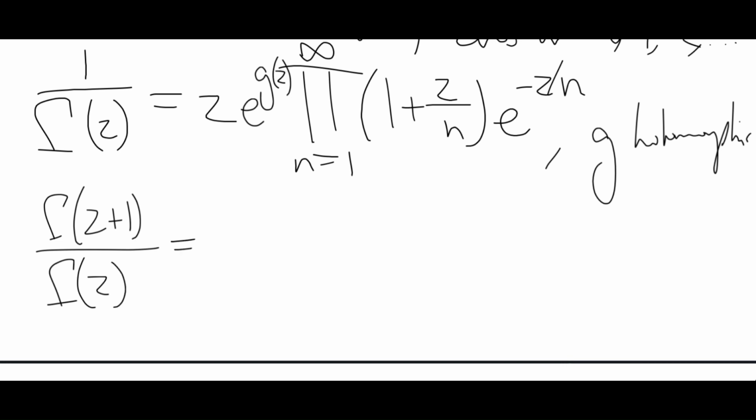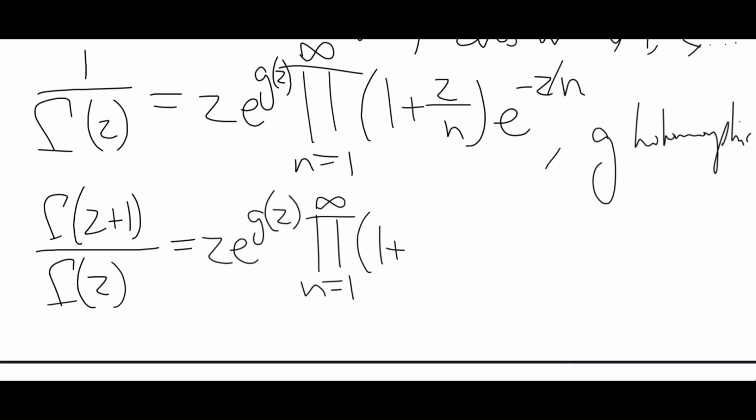But let's write out what it is in terms of this product. Okay, so the 1 over gamma of z factor gives us the same product from before. And then we have the reciprocal of that, and with z replaced with z plus 1.